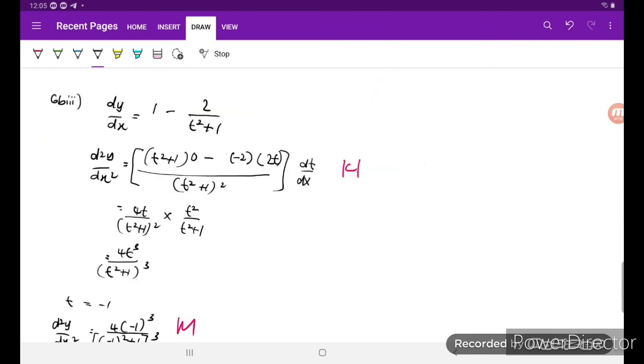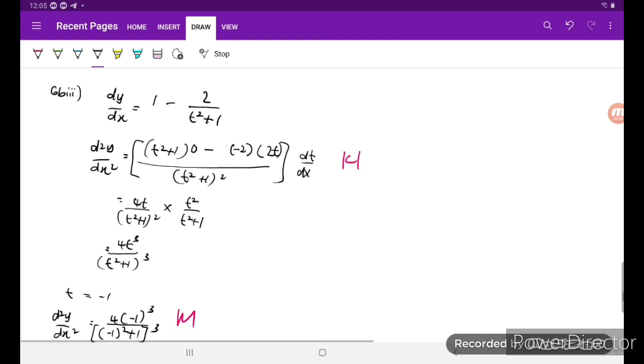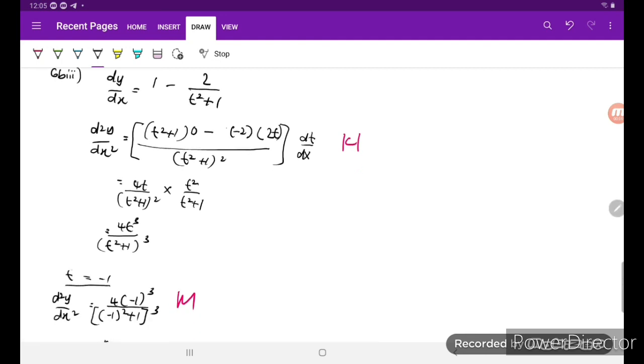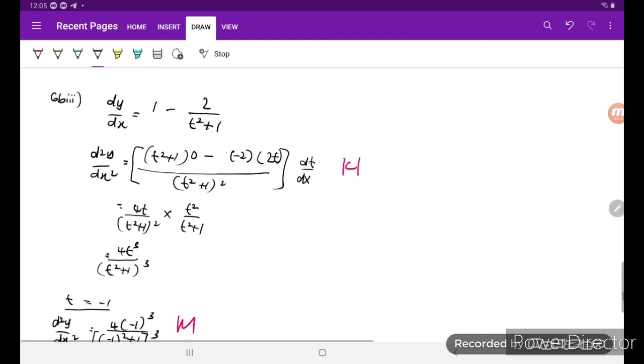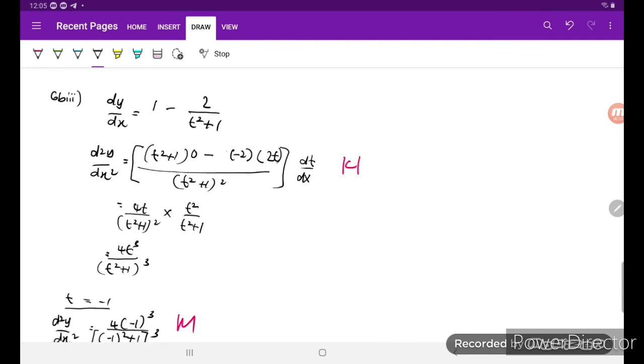Okay, for question 6B3, we want to find the second derivative when t is equal to negative 1. So we start with the first derivative. This is your first derivative. We differentiate implicitly because we want to differentiate with respect to x, but our term is in t.